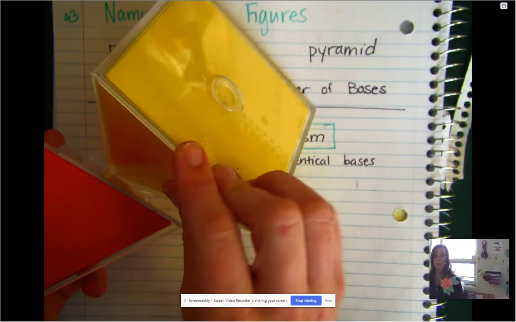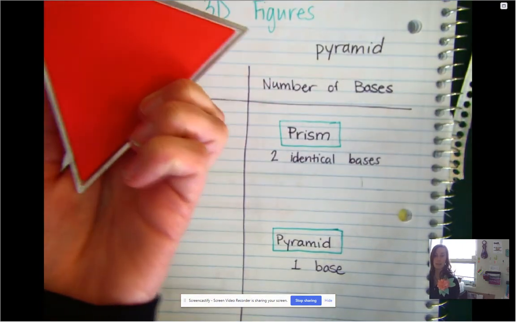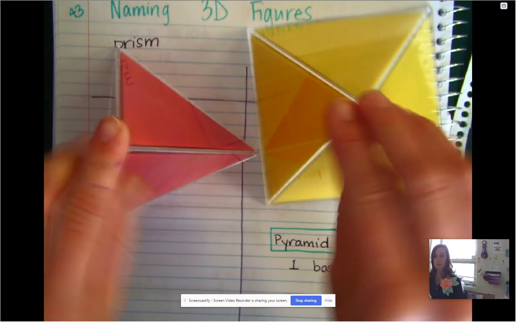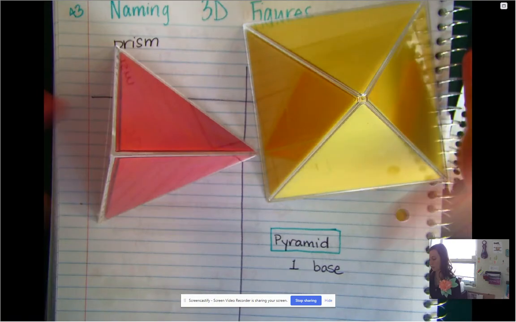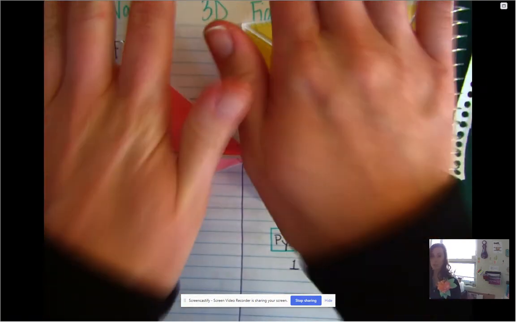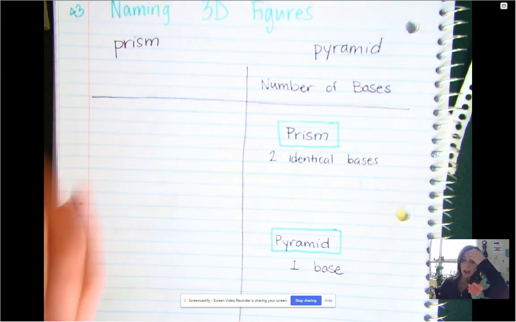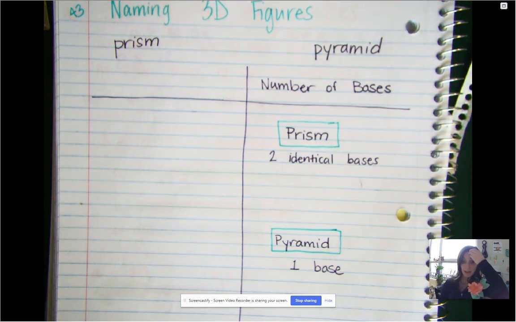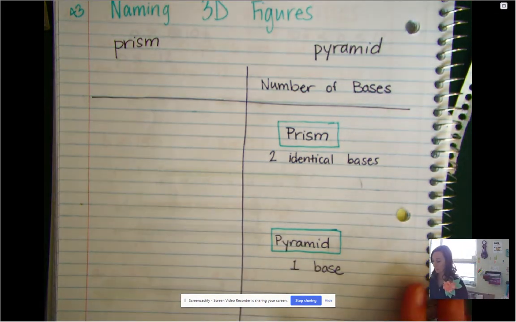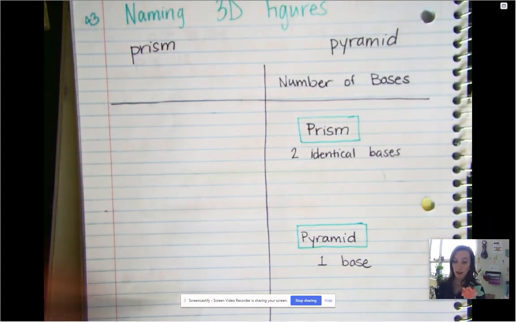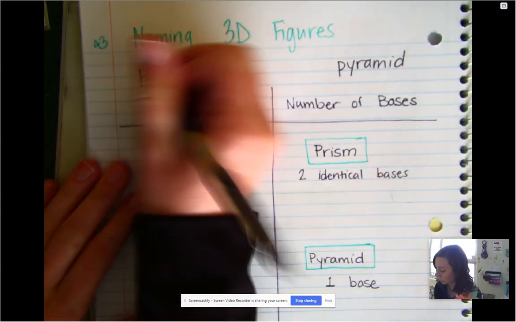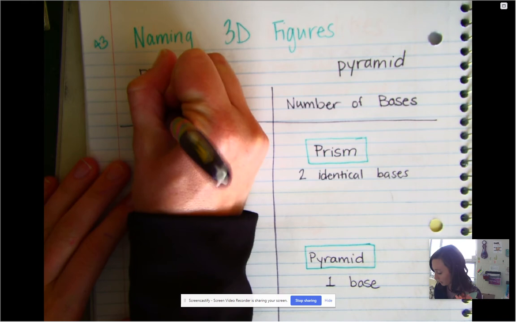There's this one base on the bottom and this base on the bottom, but you'll see there's nothing across from each other. It's just the point on the other side. So the base is also opposite of the apex, the tallest point of the pyramid. So then the naming of what it is comes from the shape of the base.